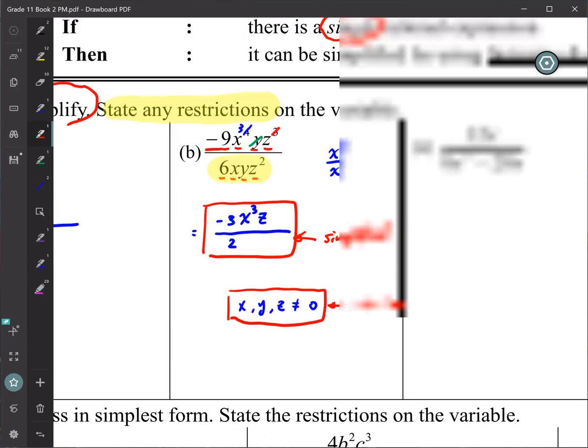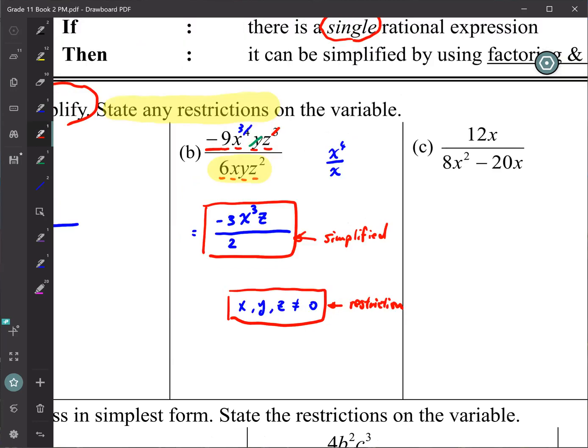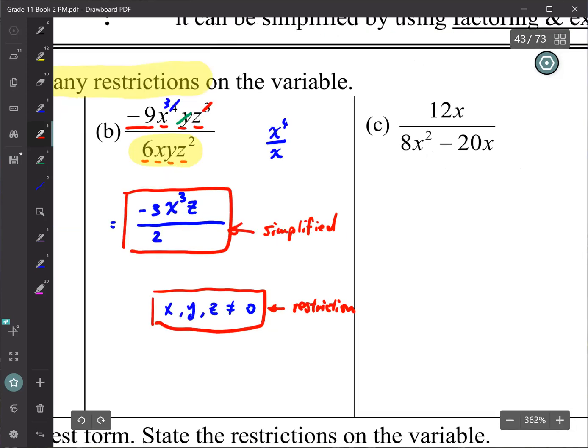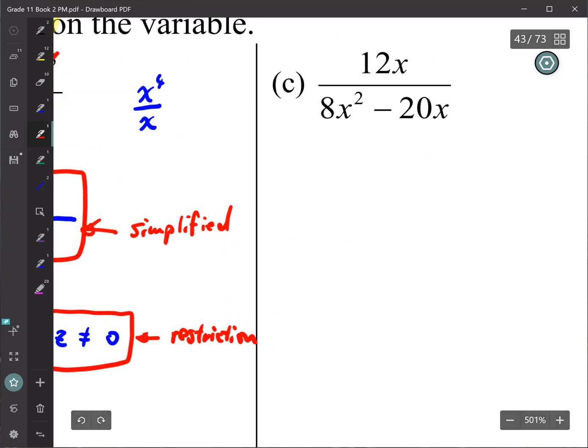Okay, question C. So before we begin, always make sure they are in factor form, okay? Because you can only cancel when they are in factored form. So for example, if you begin like this, you look at question C and see we have a 12x. Let's start canceling.